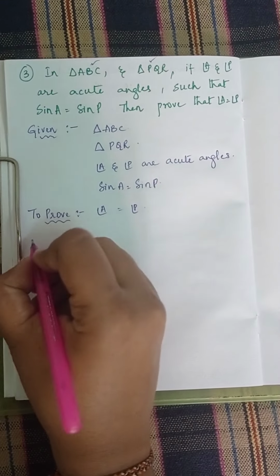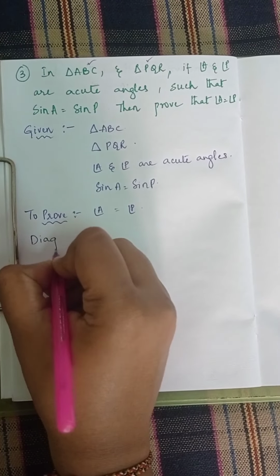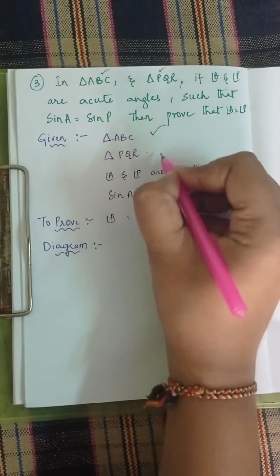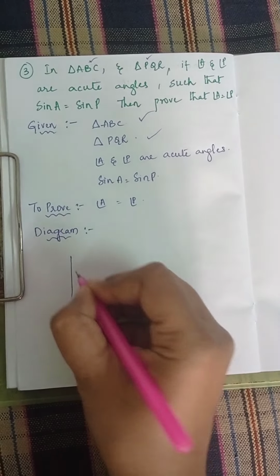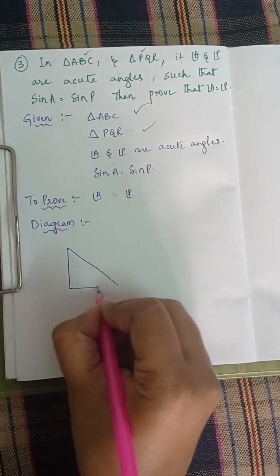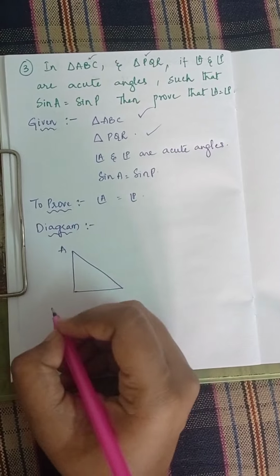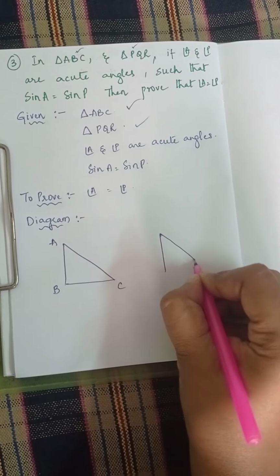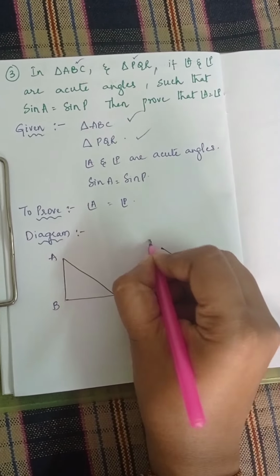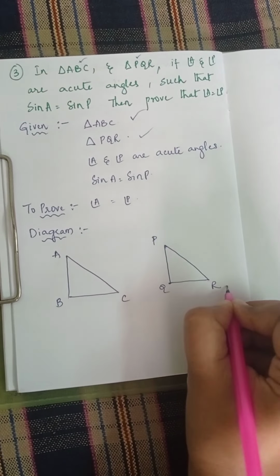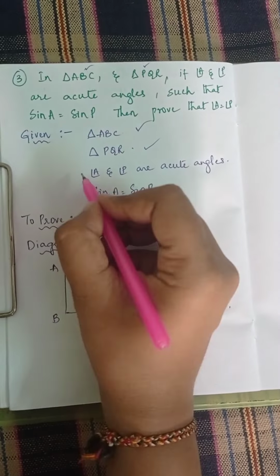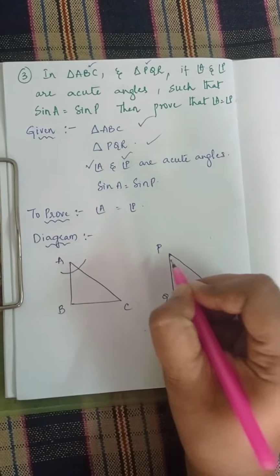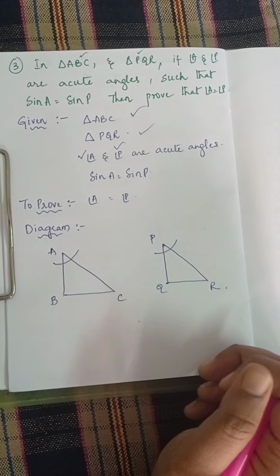So we'll start with the diagram of two triangles, right? Two right angle triangles. It is a right angle triangle ABC, and another is PQR. Okay, so as they have said, angle A and angle P are acute angles, right?